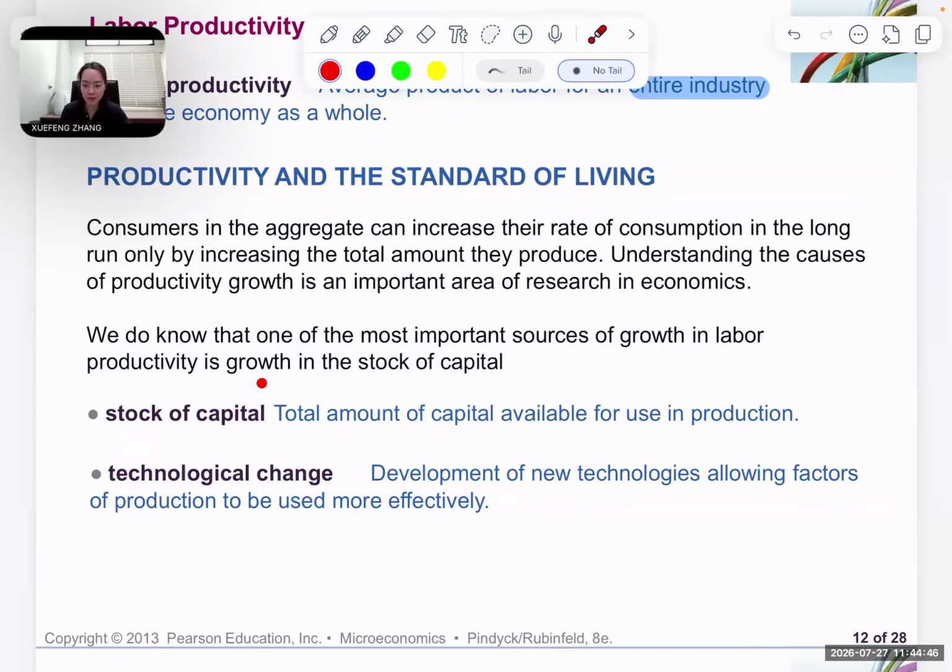Okay, so what drives productivity growth? There are two main things. Let me write down the question. What drives productivity growth?